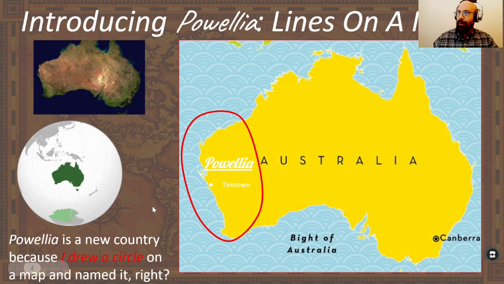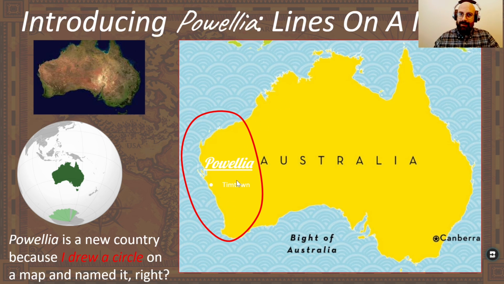Do you know how you know? Because I drew a line on a map. Everything within this red line is no longer Australia. Today, on the day that I'm recording this video, that is now mine, because I have a map and I drew lines on that map. You can't argue. There they are, right there.